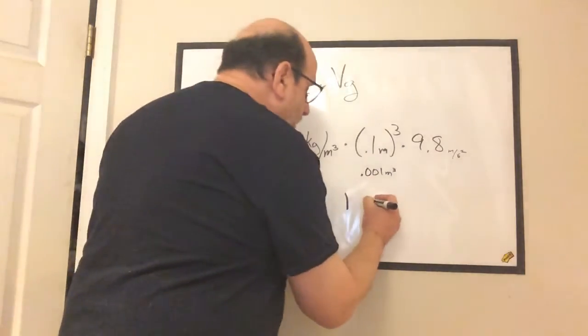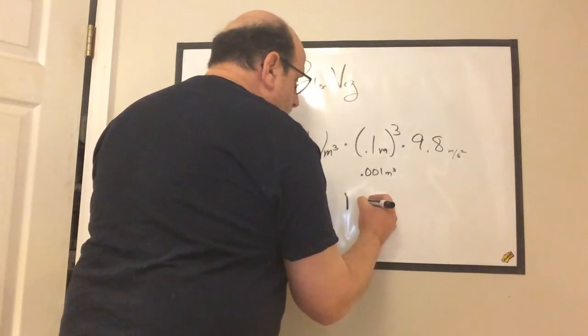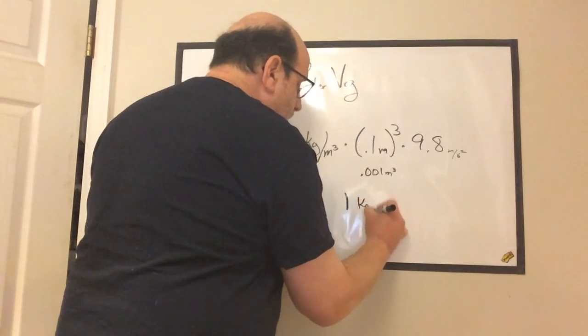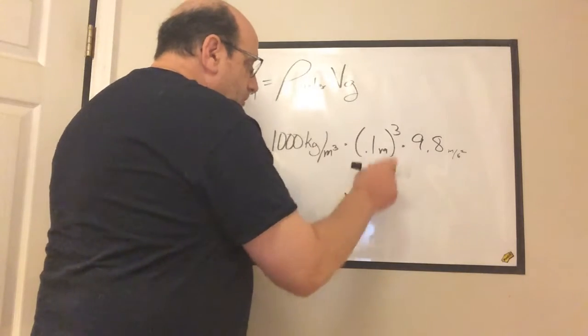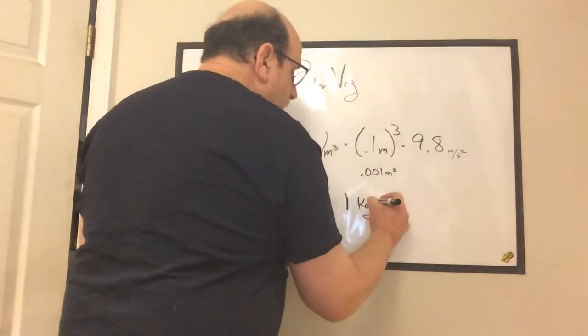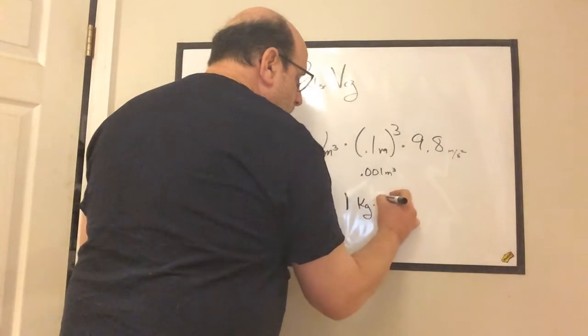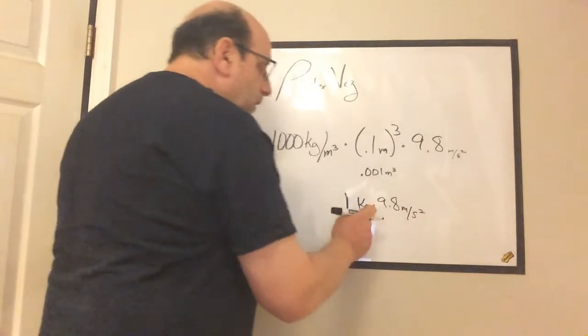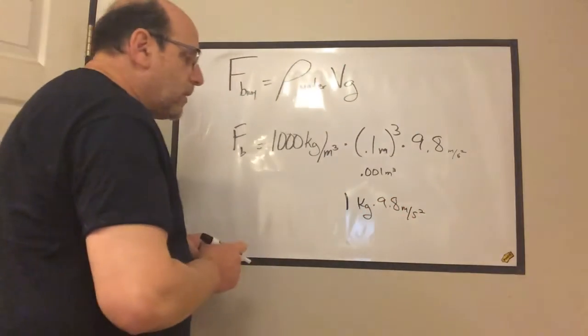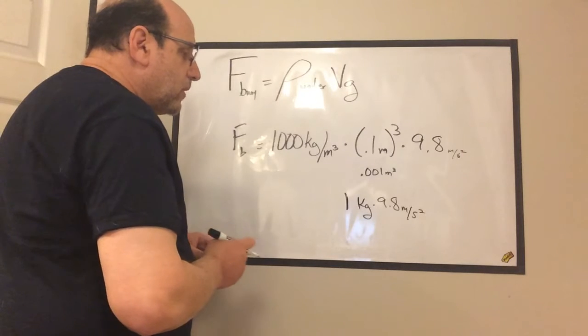So we have one kilogram, right? Because meters cubed divided by meters cubed cancels out, and then kilogram times 9.8 meters per second squared. Oh, look at that: kilogram meters per second squared.